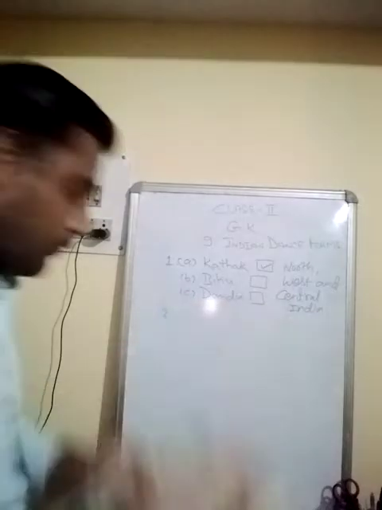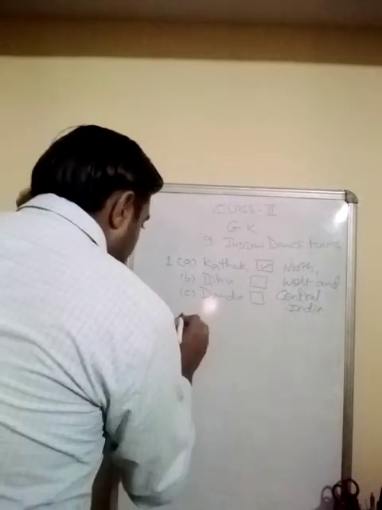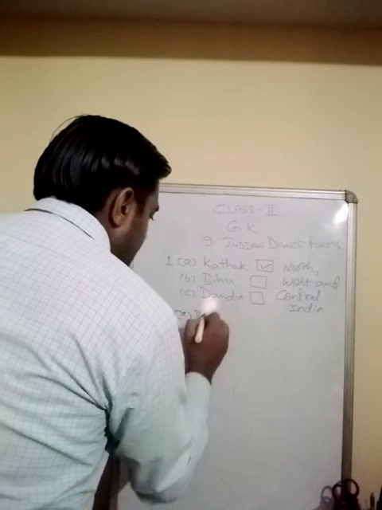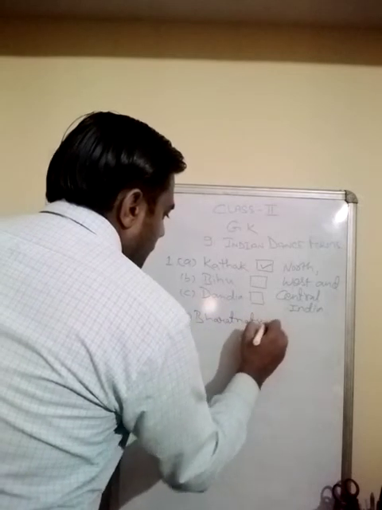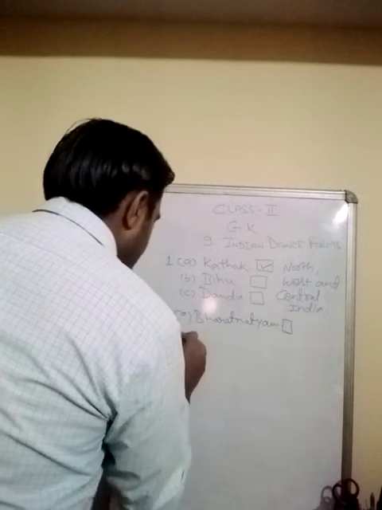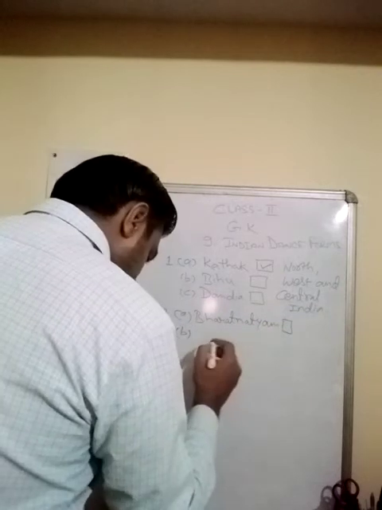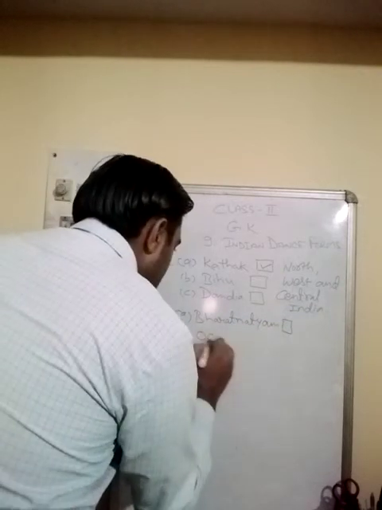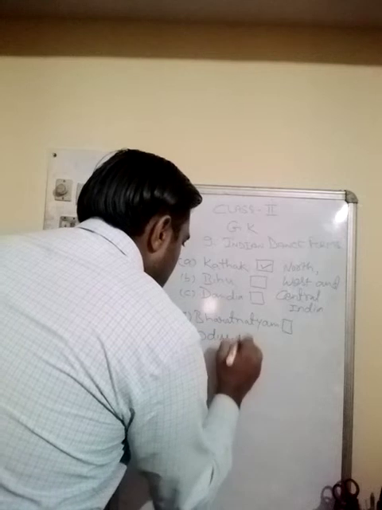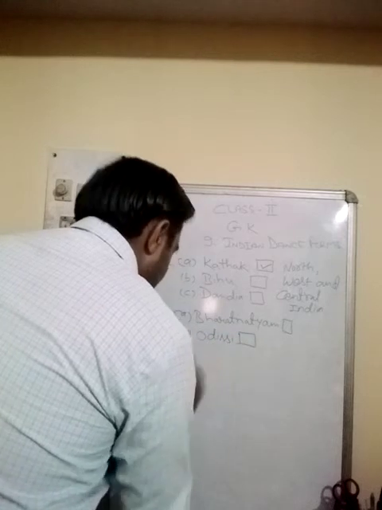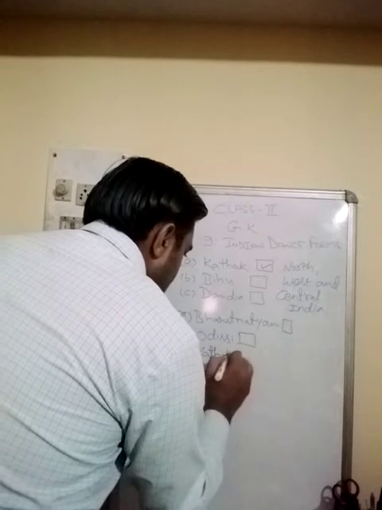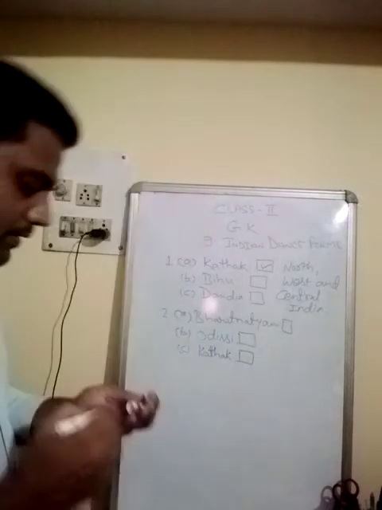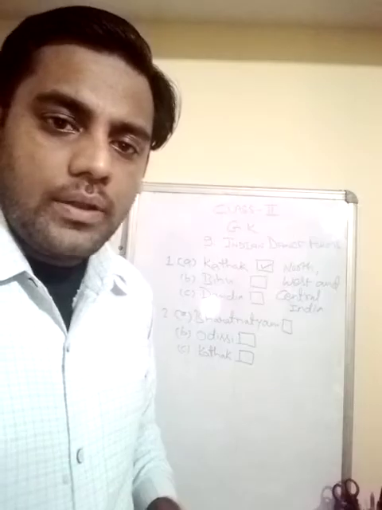The options for this form of dance are: number A, Bharatnatyam; number B, Odissi; and number C, Kathak.